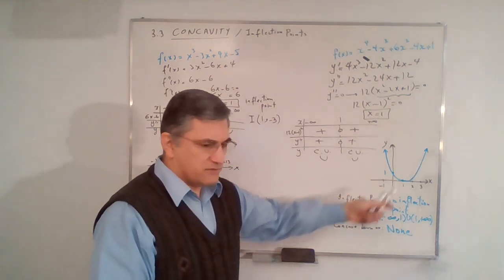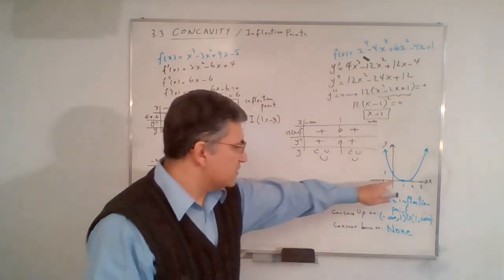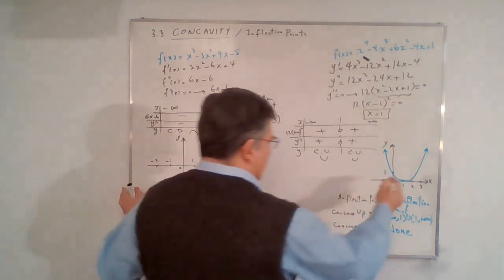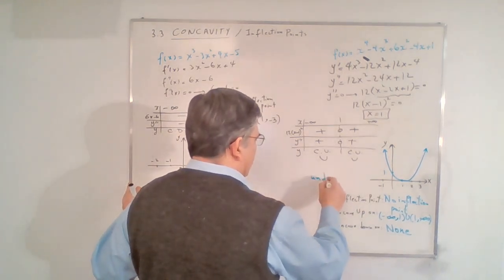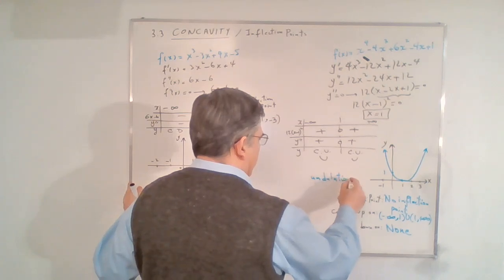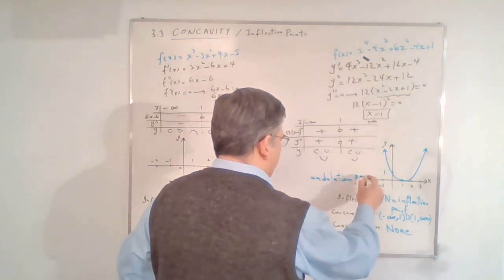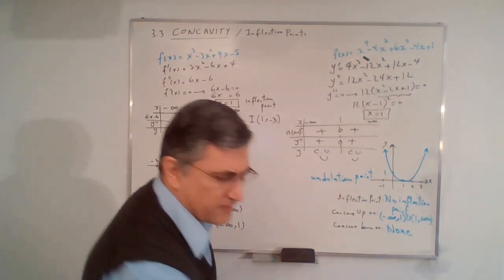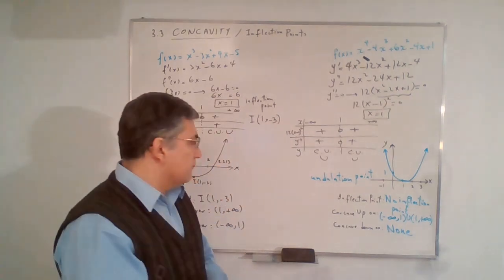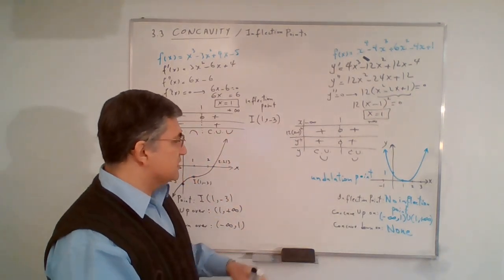Now, just out of curiosity, the name of this point is undulation point. It's not in your textbook. It's not in many textbooks, but just out of curiosity, an undulation point is normally a point where the graph does not change its concavity.